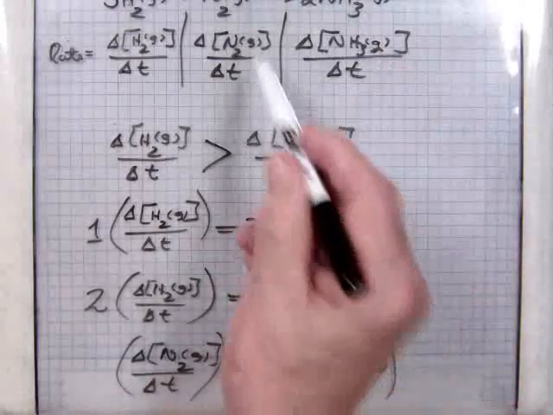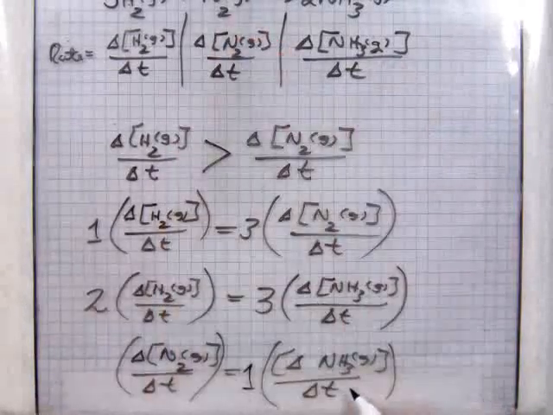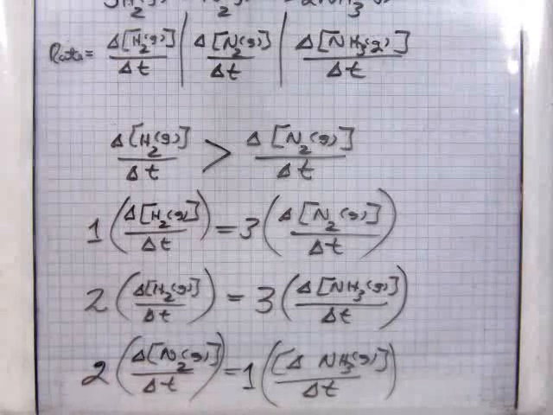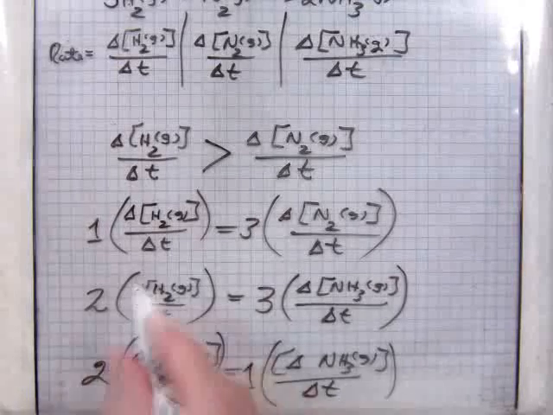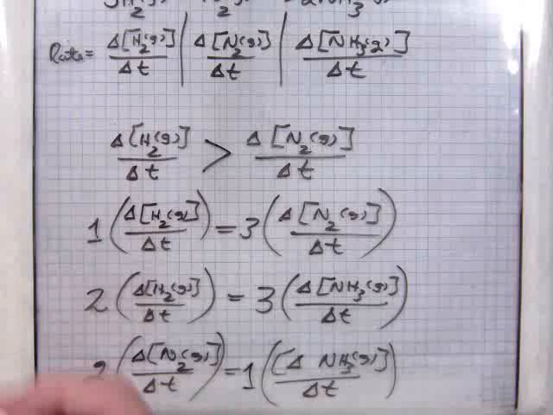The nitrogen is 1, so we'd put a 1 in front of the ammonia expression, and we put a 2 in front of the nitrogen expression. So, like I said, they're always given in pairs. The unknown, of course, is a simple solution of a linear process right there.